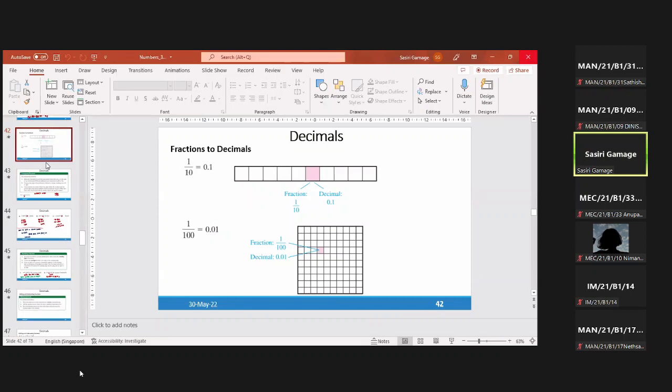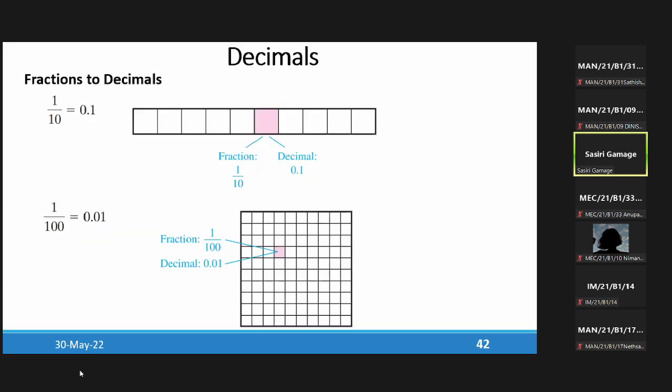I think this is the place where we stopped last time. We talked about decimals, and we have discussed these things.